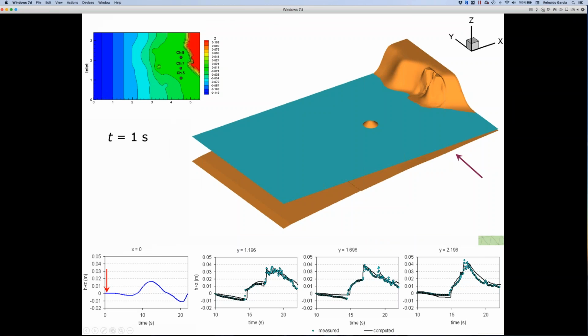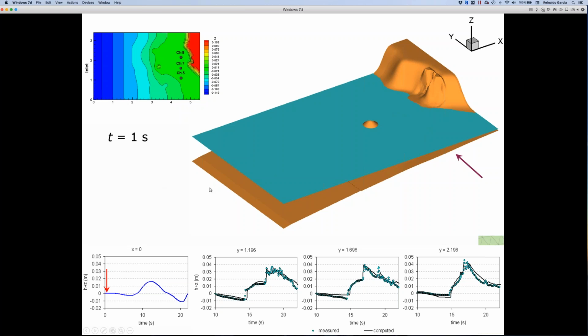This is the comparison of the model, the black line, and the measured values in the flume experiment, the blue dots here. And these are the 3 points that are located 5, 7, and 9 here.